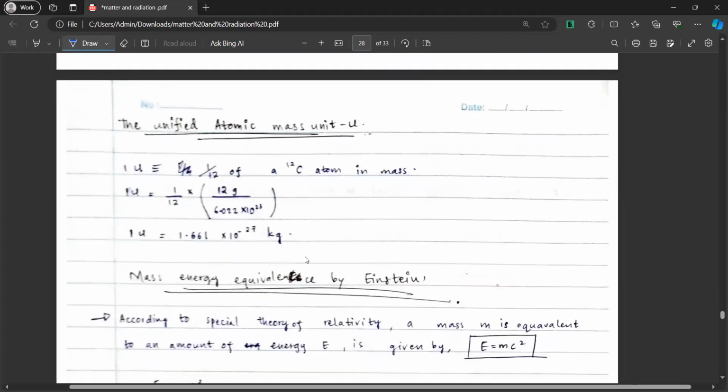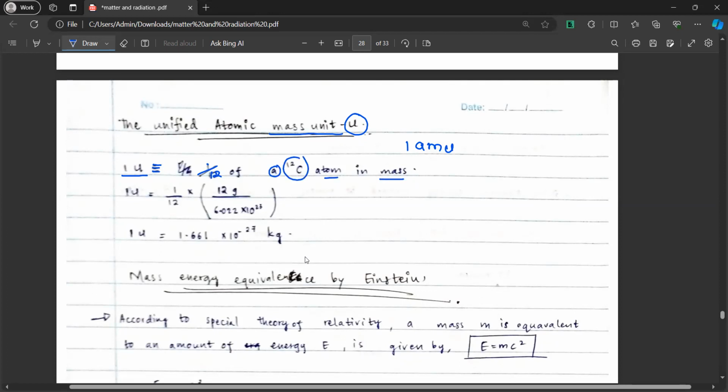Then we have the unified atomic mass unit, U. So what is this U? You might have studied about AMU in your chemistry. It's the same thing over here. 1 AMU is 1/12 of a C12 atom in mass.